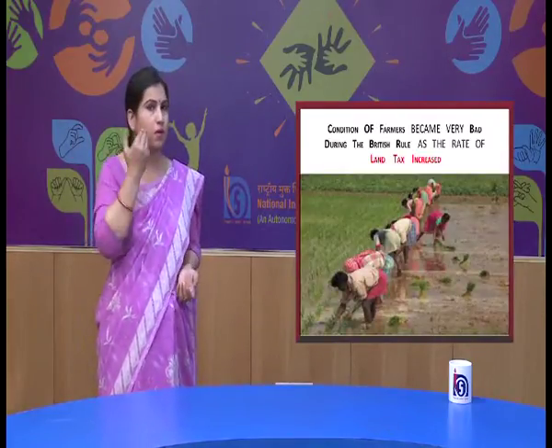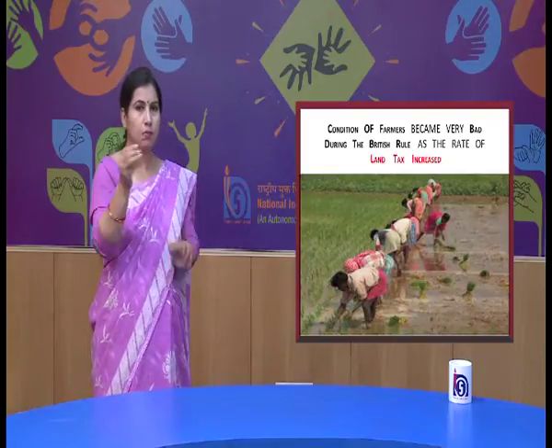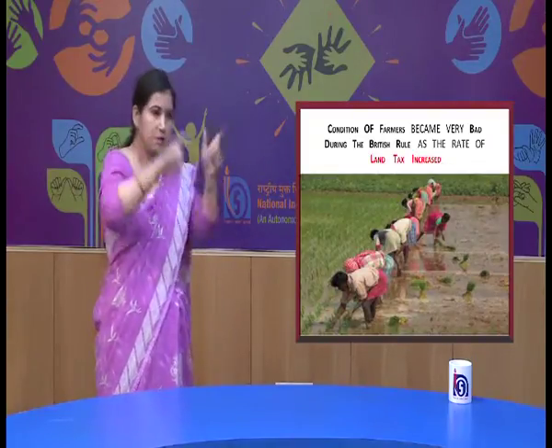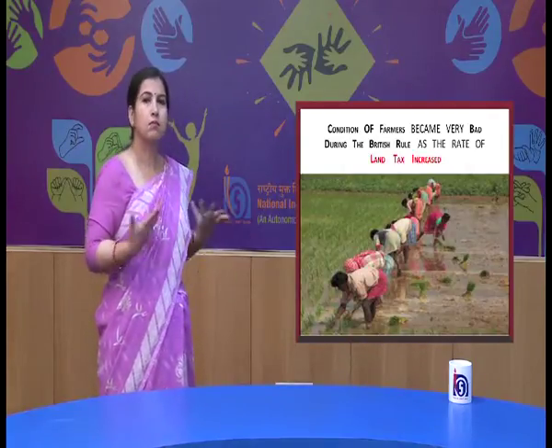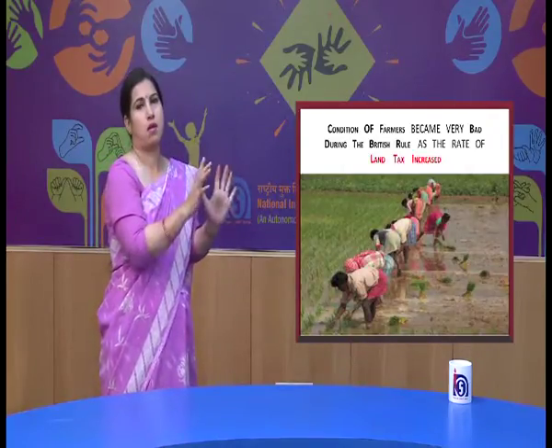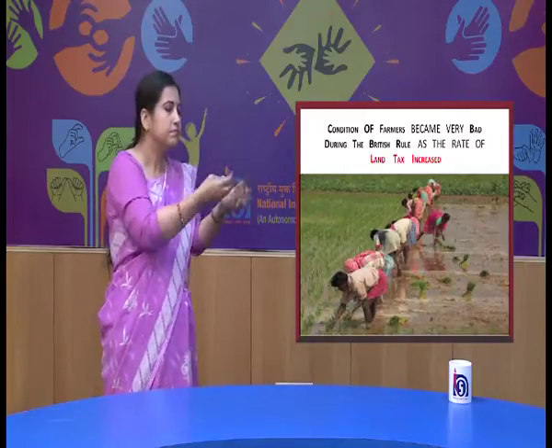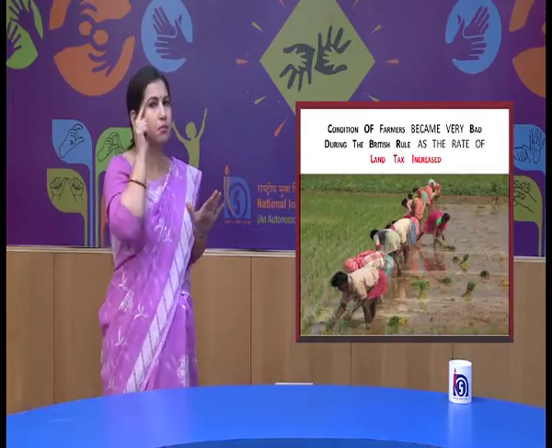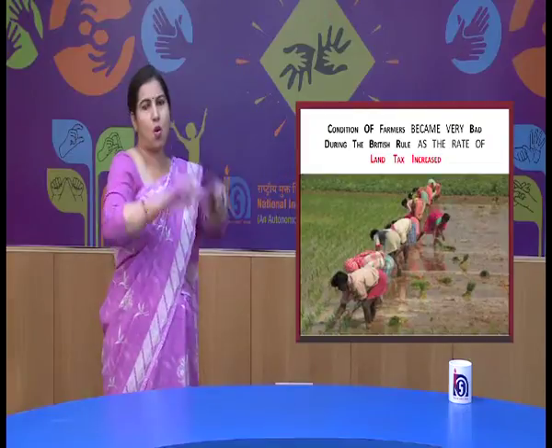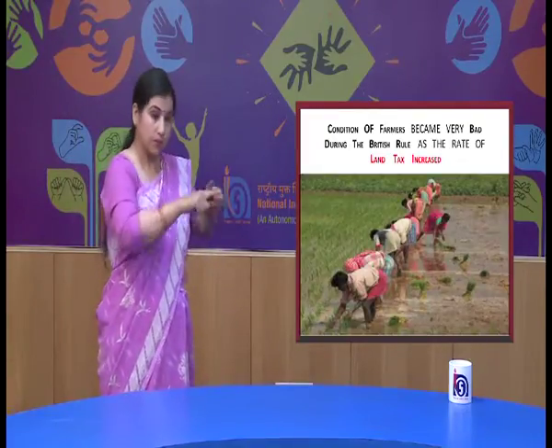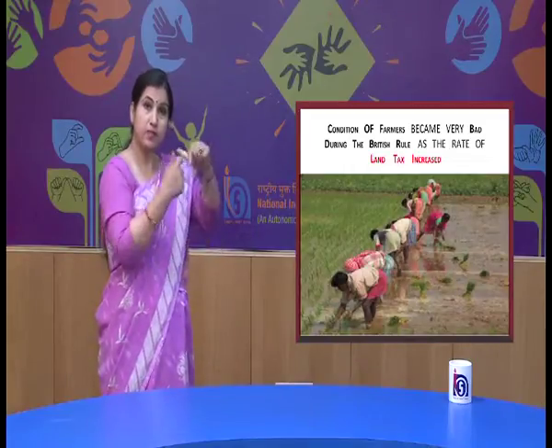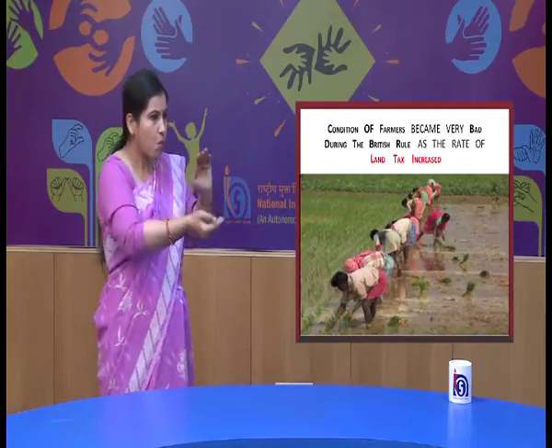In the 18th century, the majority of the Indian population was dependent upon agriculture for its living. During the British rule in India, the land revenue kept increasing because of the following reasons.